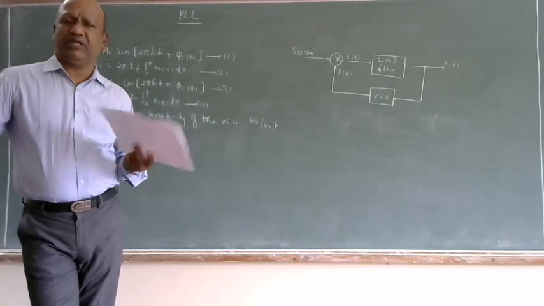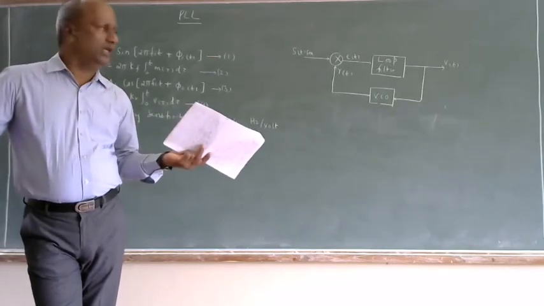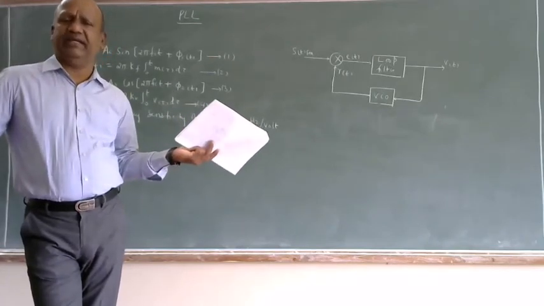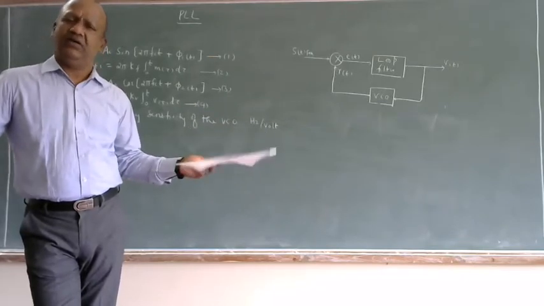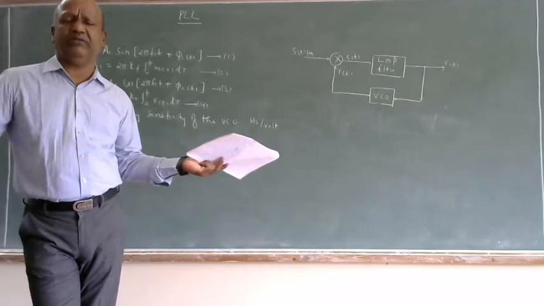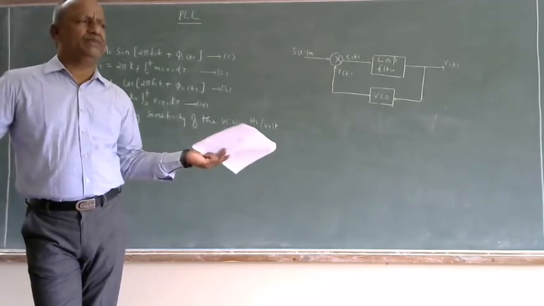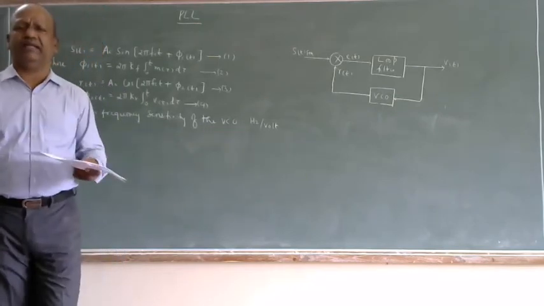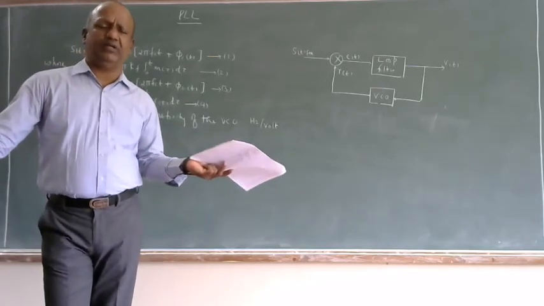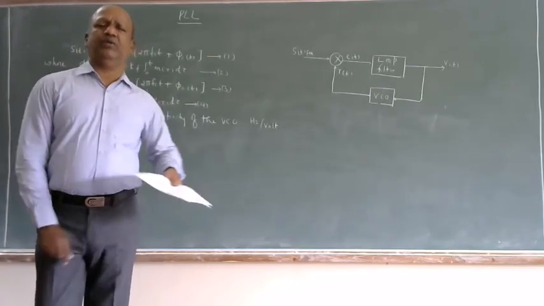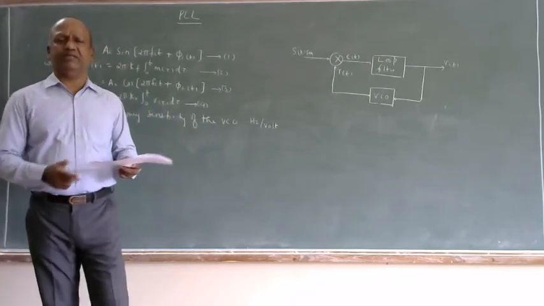So a PLL model is a must. For that purpose, we consider the non-linear model first. Then we will go to its linear model. Once we understand the non-linear model, we can think whether it is possible to use that model for my analysis. If it is difficult, then ultimately we go for its equivalent linear model for simplification purposes.